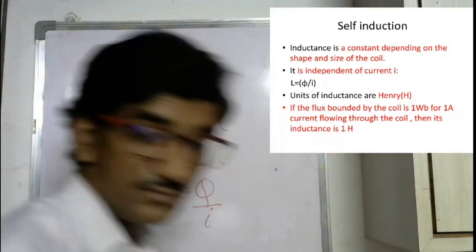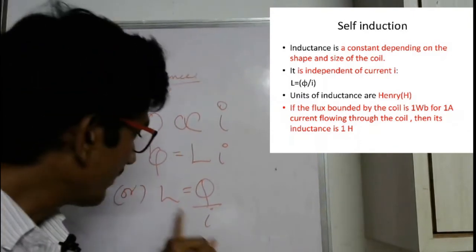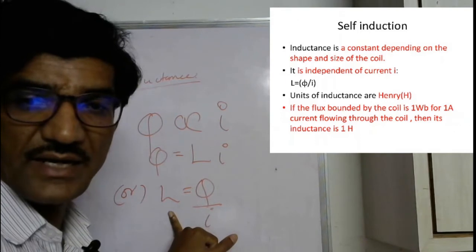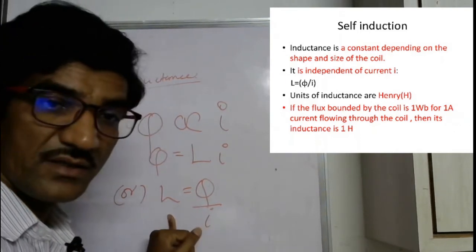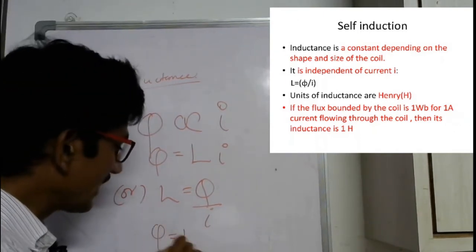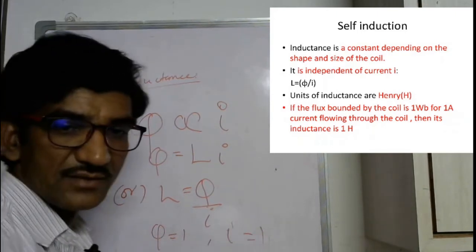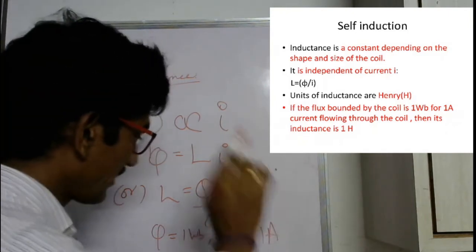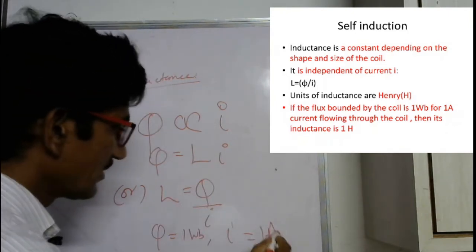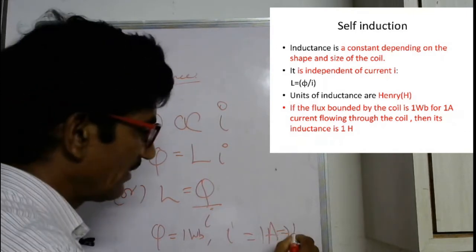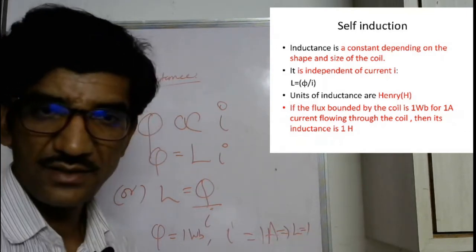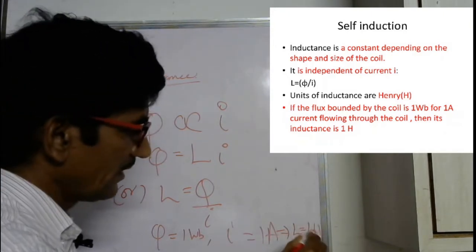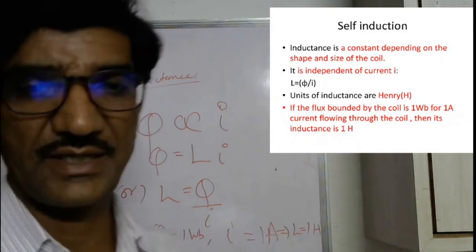When you make both the numerator and denominator 1, that is 1 Weber of flux and 1 ampere of current, then your L becomes 1 Weber per ampere, that is Henry.